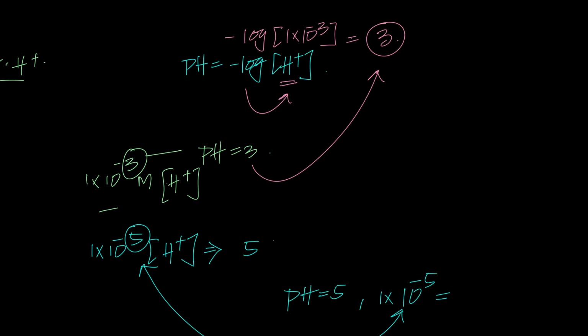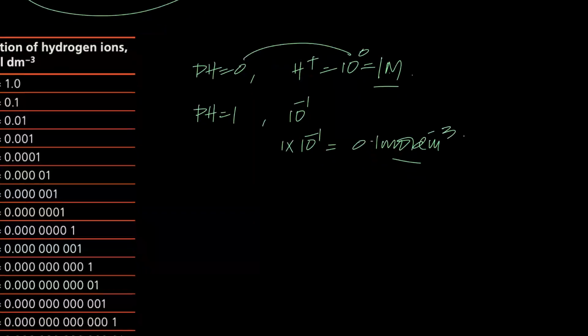Now you guys tell me something. If a particular solution has pH 7, what would be the concentration of hydrogen ions? It's going to be 1 into 10 raised to the power minus 7.